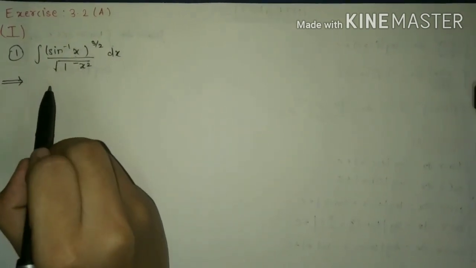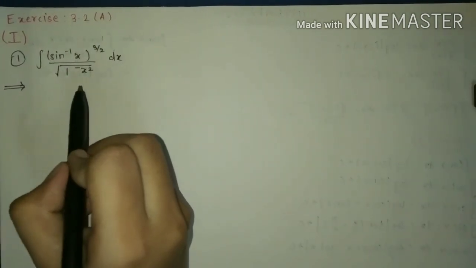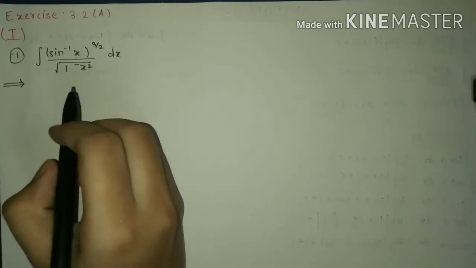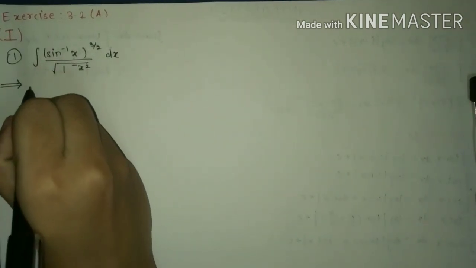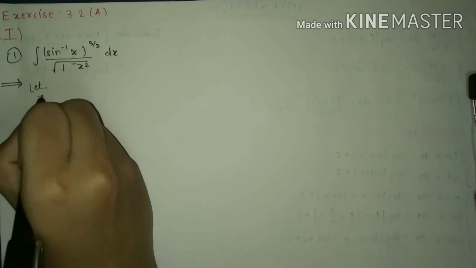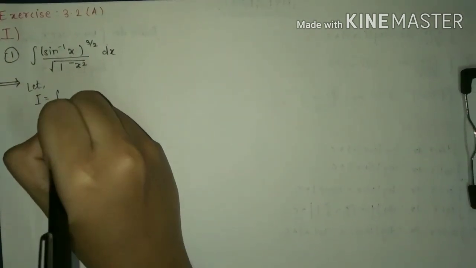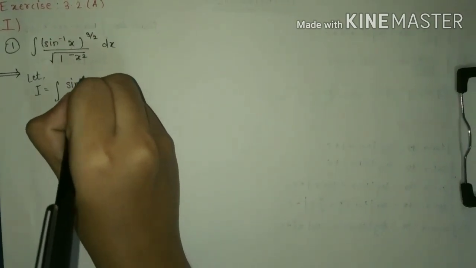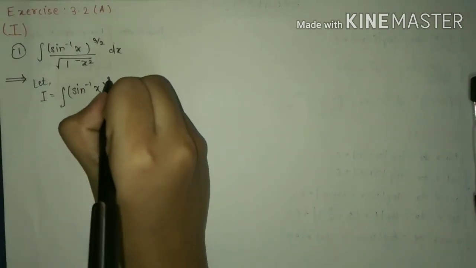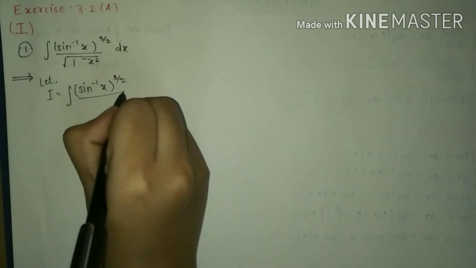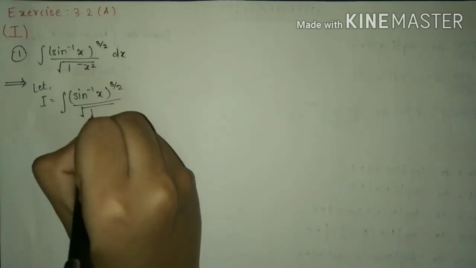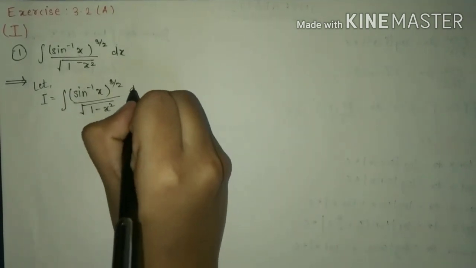So here is the question that I am going to solve. It is from your main question number 1 itself. So let's start. Let, as usual, I equal to integration of sin inverse x raised to 3 by 2 upon under root 1 minus x square dx.